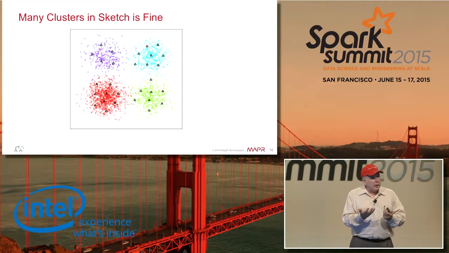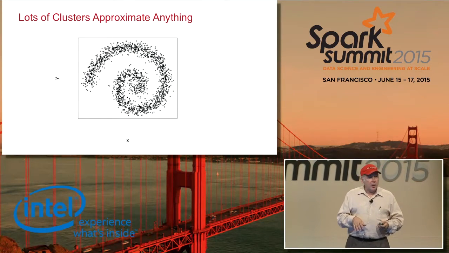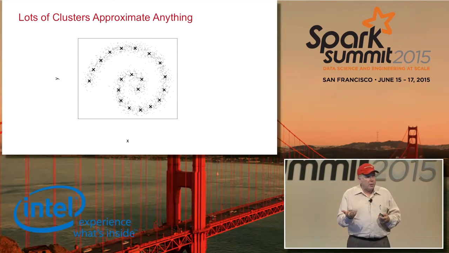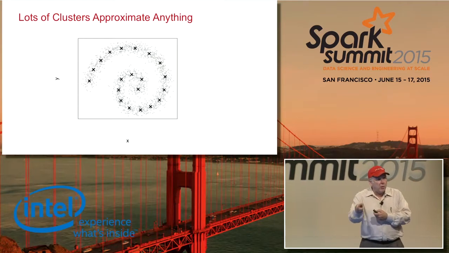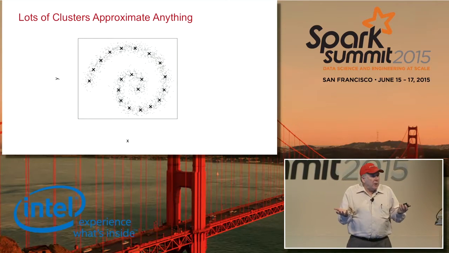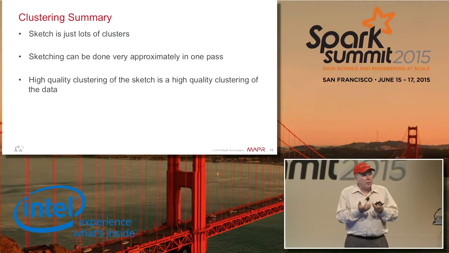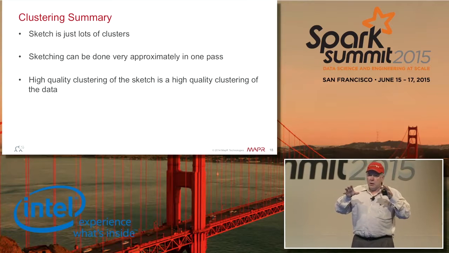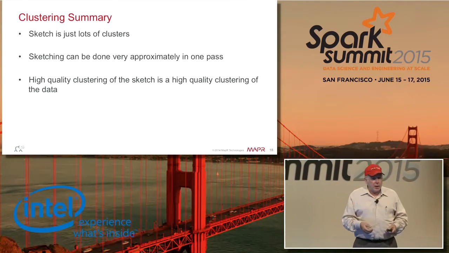And so it's really kind of a cool one-pass algorithm to get the sketch. And the sketch can represent all kinds of amazing distributions if you have enough clusters. This spiral here can be approximated with 20 clusters like that. And so any sort of clustering we'd like to do on the original data can be done on the sketch. That's the assertion. That's what's behind the proof.